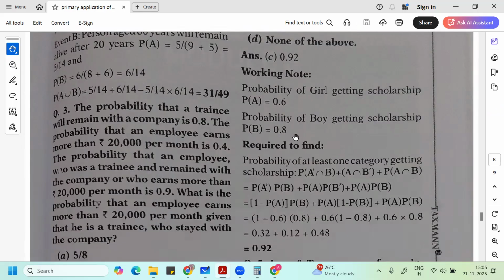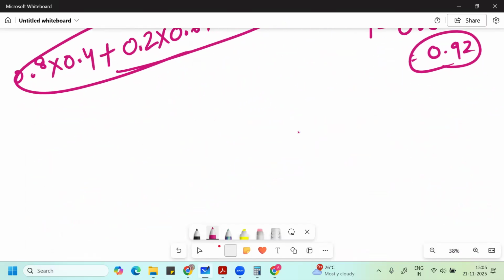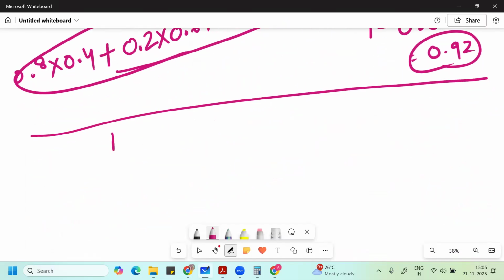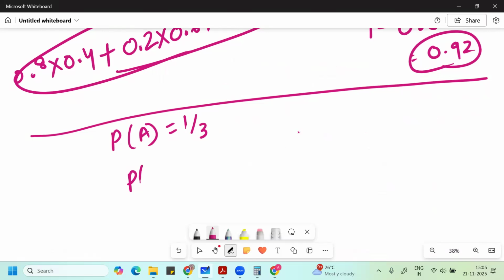Clear? Then the last question. Arun and Tarun appear for an interview for two vacancies. The probability of Arun's selection is 1 by 3, and the probability of Tarun's selection is 1 by 5.